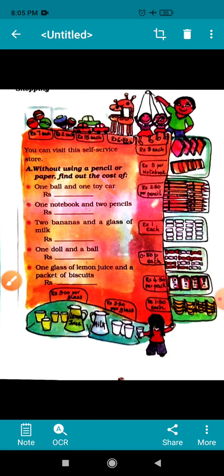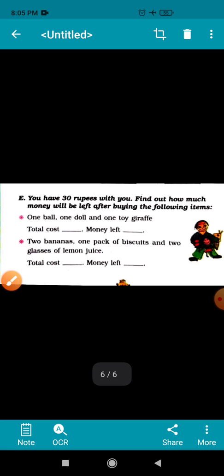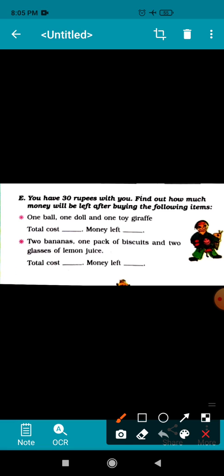Okay. Now let us see and do the next exercise. Children, here you have a 30 rupees note. Find out how much money will be left after buying the following items.